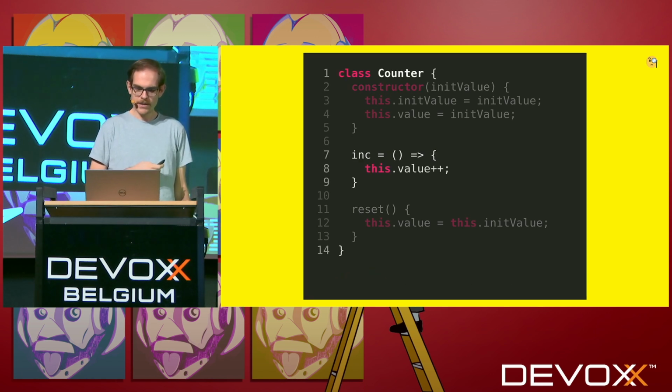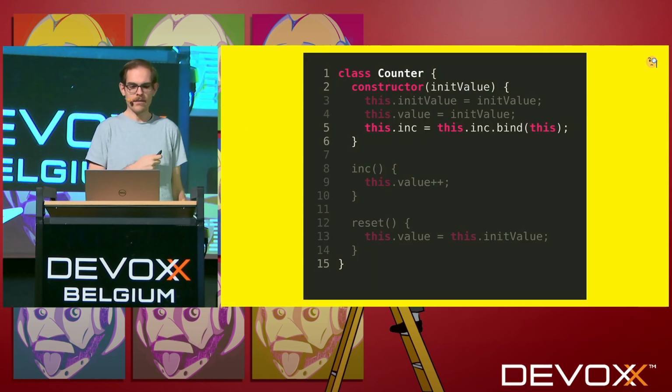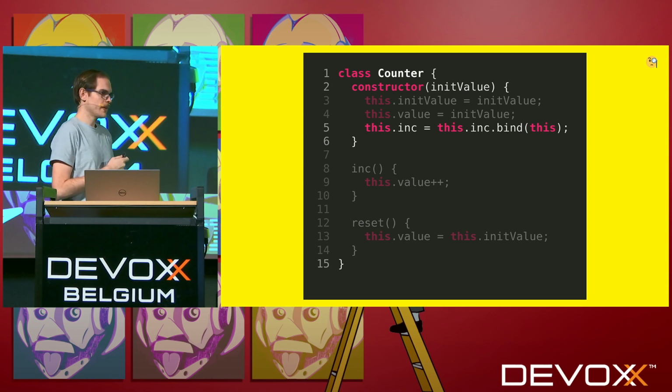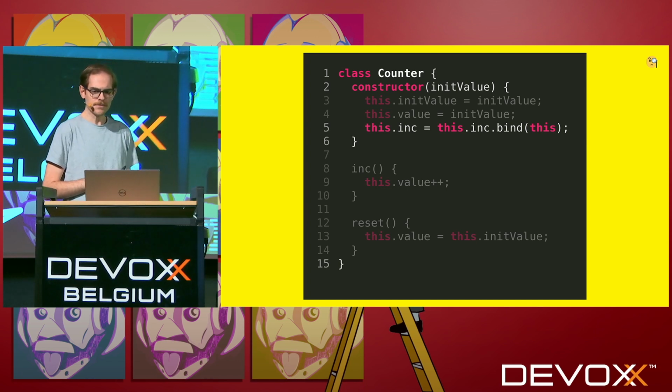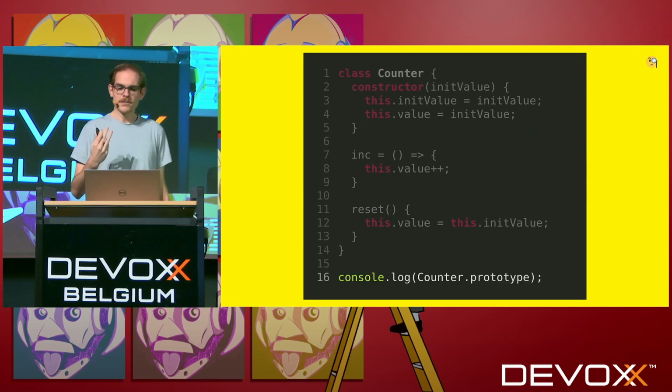If we go back to here, what we're doing is on the constructor, when the instance is instantiated, we are declaring a property on the instance, and we are binding the method. So yeah, it's no longer a class method. It's an instance property.